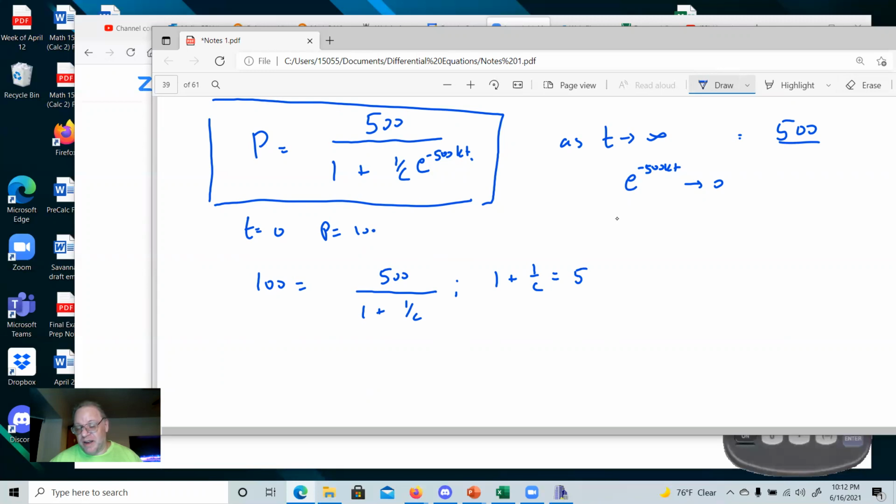This is equal to 5 now, because I'm going to divide both sides by 100 as I'm multiplying through here. So this comes up, this comes down. So we have 1 over C is equal to 4, subtracting 1 from both sides. And then I think we could safely say C is equal to 4.